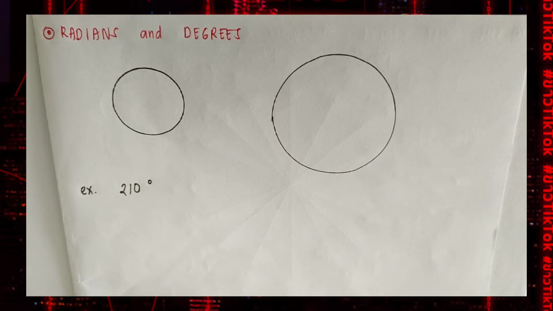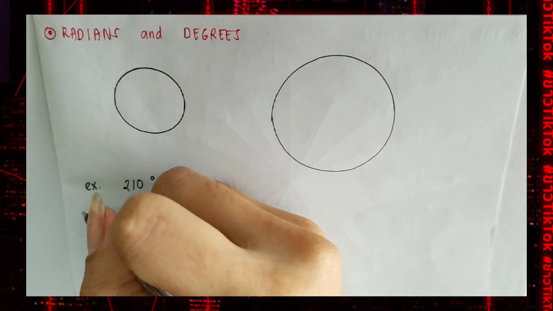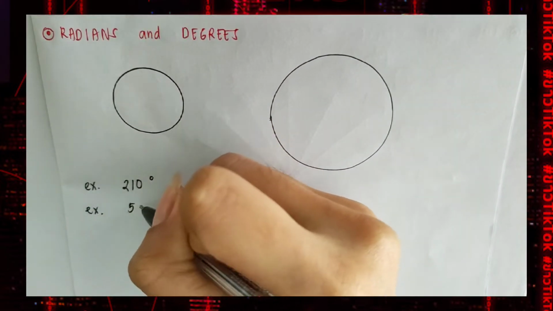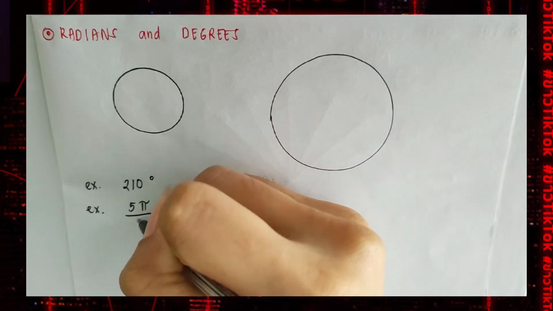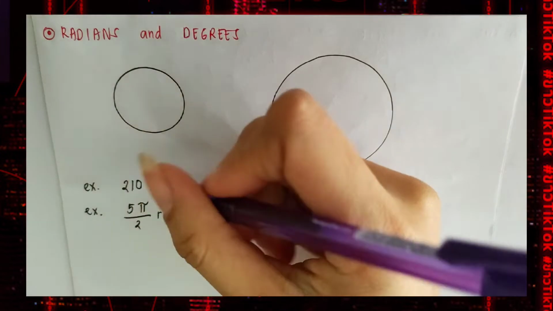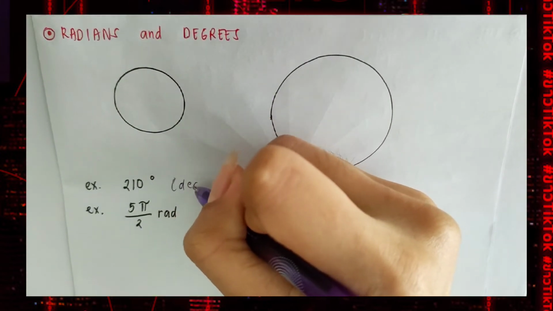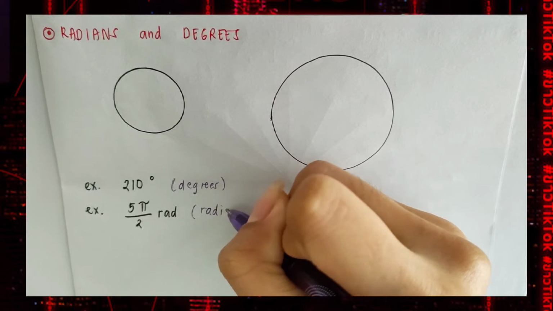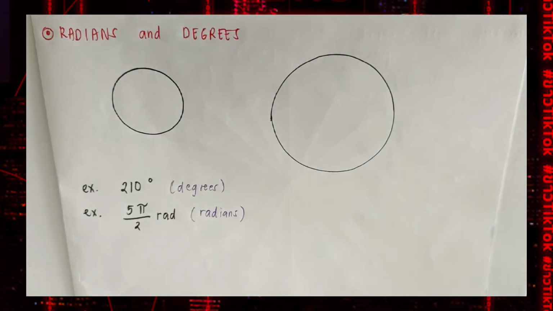It can be just a number like 35 rad, or more likely has a pi in it. Example, 5 pi over 2 rad. This is for degrees, and this is for radians. Take note of the symbol of each example.